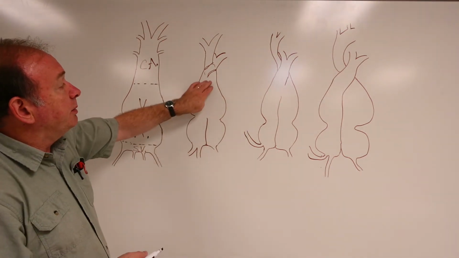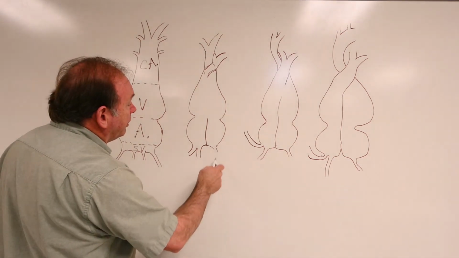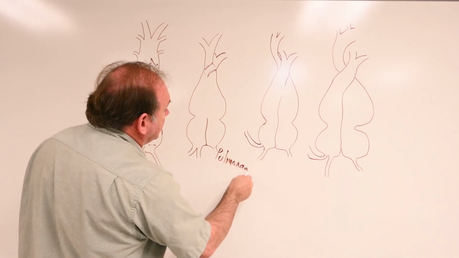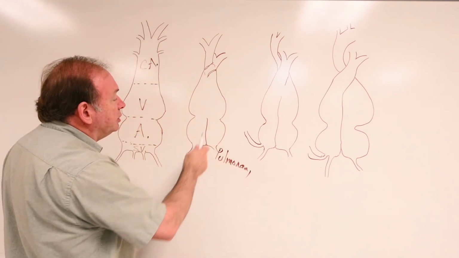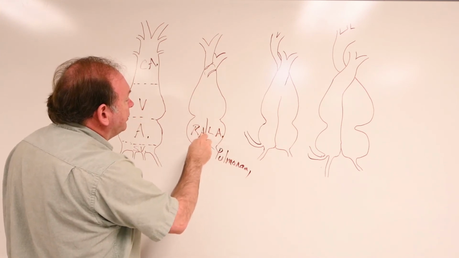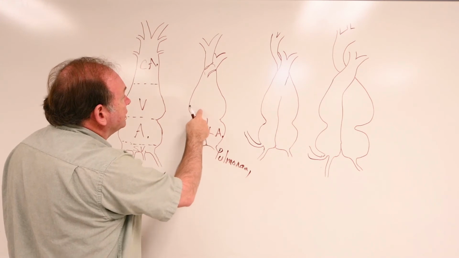This is what we just talked about with the spiral valve formation. We've got blood coming in from the pulmonary vein over here on the left side, your left atrium. This is your right atrium that receives deoxygenated blood. So on this side you have deoxygenated blood.